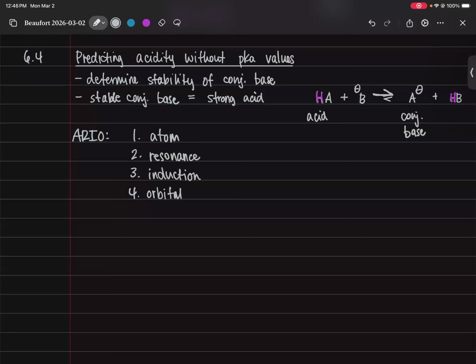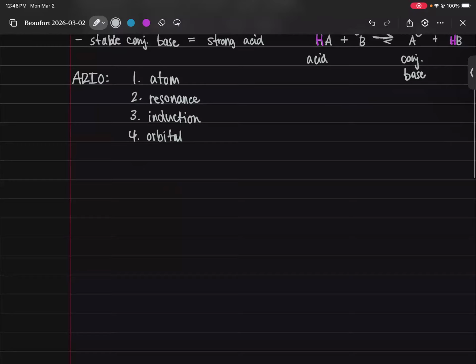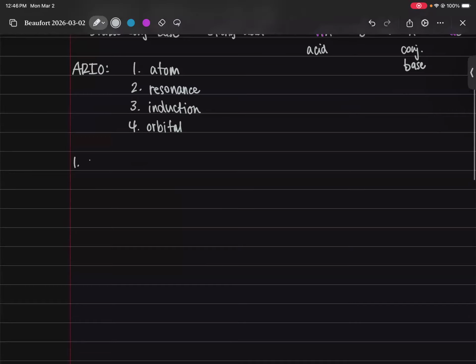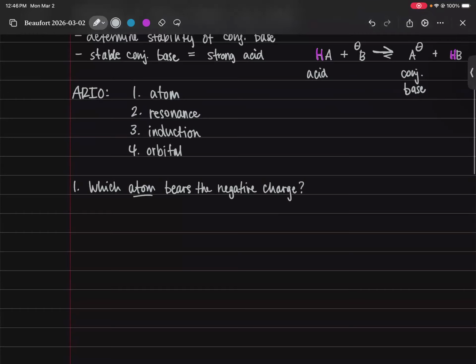So let's look at each of these individually. Okay, atom. We want to see which atom has the negative charge. So obviously this is kind of where our HA and A minus example breaks down.